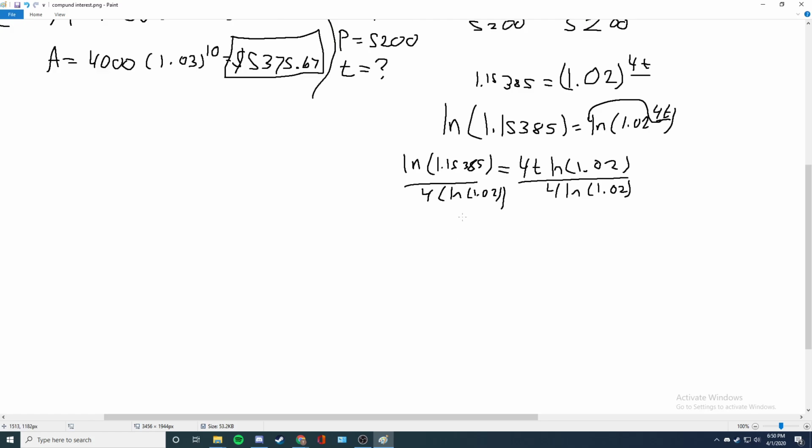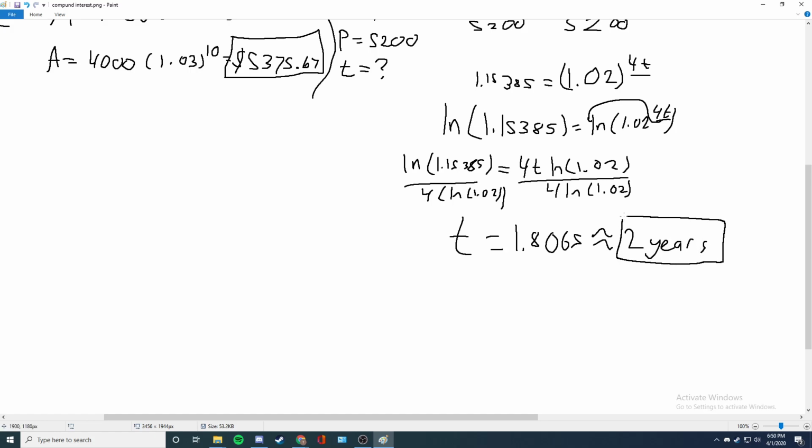And then if we do that, we end up with t equals, let's see here in the calculator, 1.8065, which we can say is about 2 years.